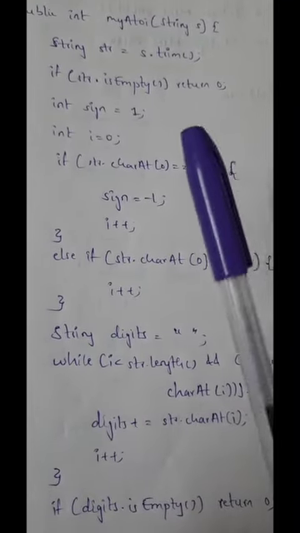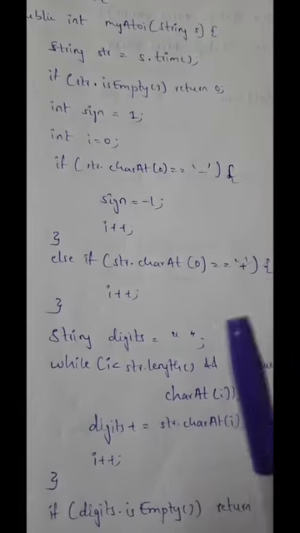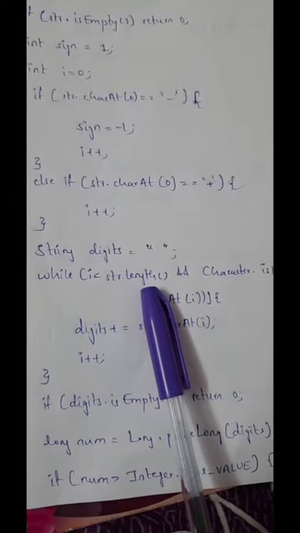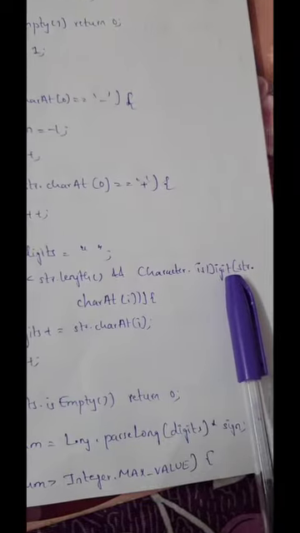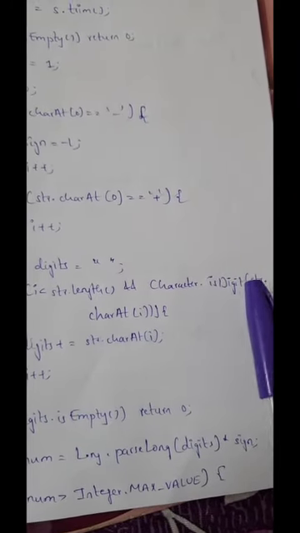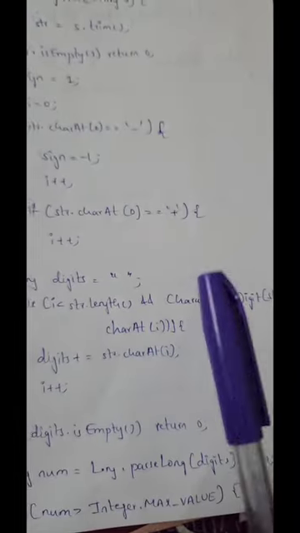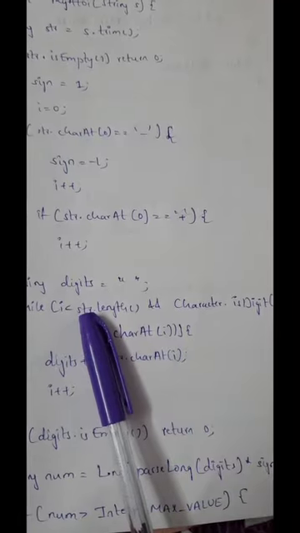Next, we create a string called digits, which is an empty string, right? And in this while loop, while i is less than str.length and the character is a digit, we check whether the character at the ith index is a digit or not, and it should be less than the length of the string.